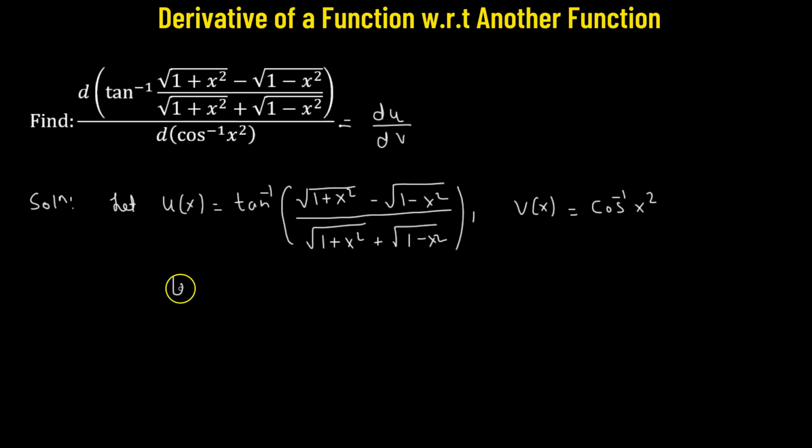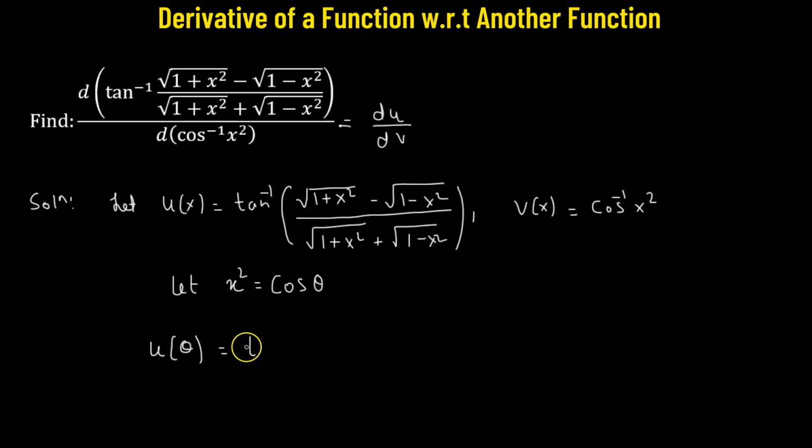So first we will have to make an assumption here. We will take x squared to be equal to cosine of theta, and replace it in the given expression. So instead we have u, which now becomes a function of theta.